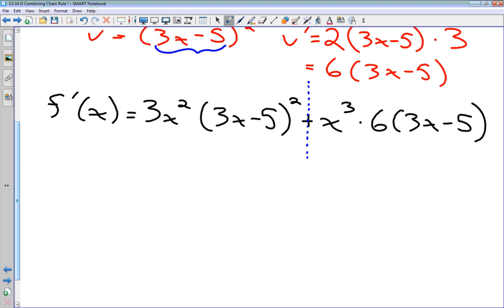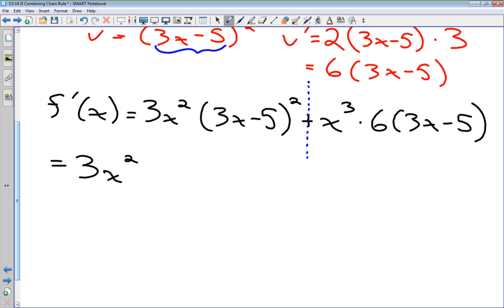So what can we factor out here? Well, let's start by looking for constants. We've got a 3 in our first term, we've got a 6 in our second term, so we can factor out a 3. We've got an x squared in our first term, we've got an x cubed in our second term, so we can factor out the lowest power of x, which is going to be x squared.